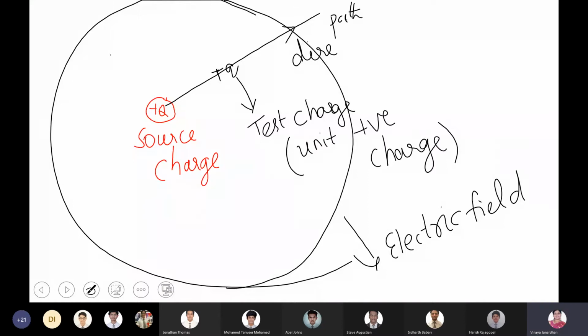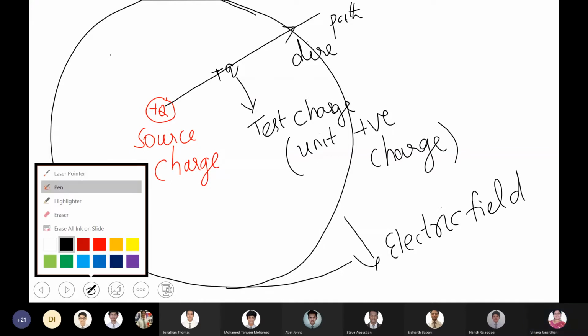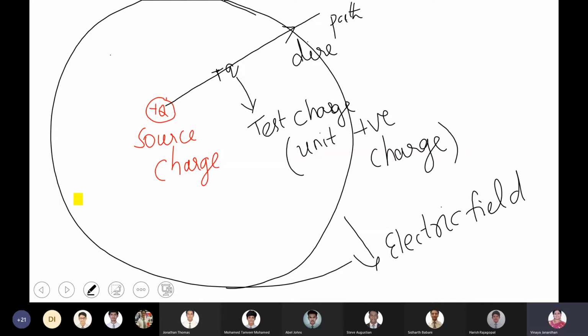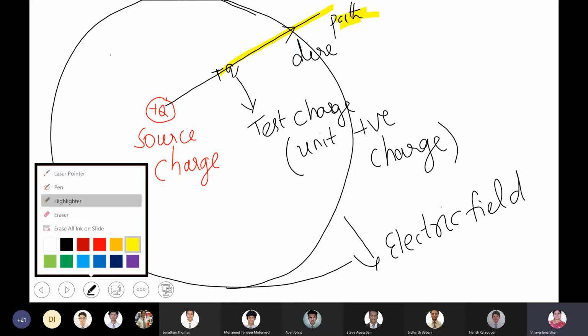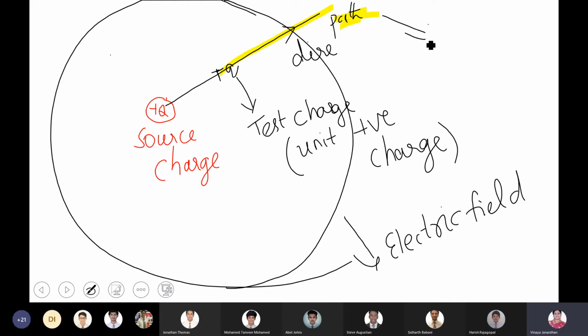Now, I'll keep a unit positive charge at any point in the electric field. Now, what happens? This unit positive charge will experience a force and begins to move. The path along which the unit positive charge moves gives you the electric field line.